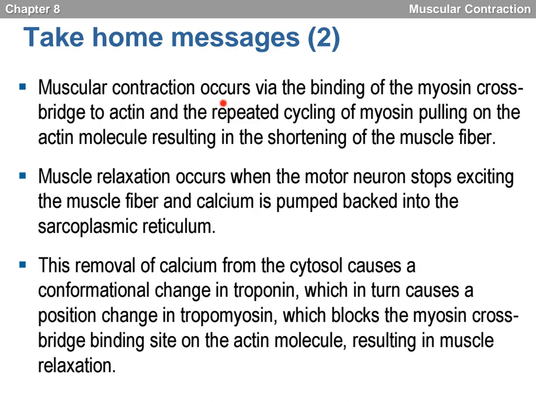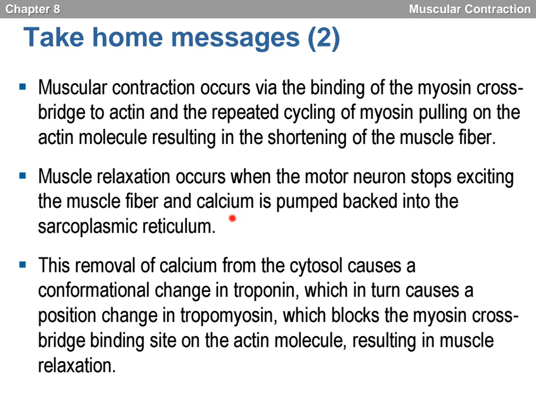So muscular contraction occurs via the binding of the myosin cross-bridge to actin and the repeated cycling of myosin pulling on the actin molecule, resulting in shortening of the muscle fiber. Muscle relaxation occurs when the motor neuron stops exciting the muscle fiber, and calcium, of course, is continuously being pumped back into the sarcoplasmic reticulum.